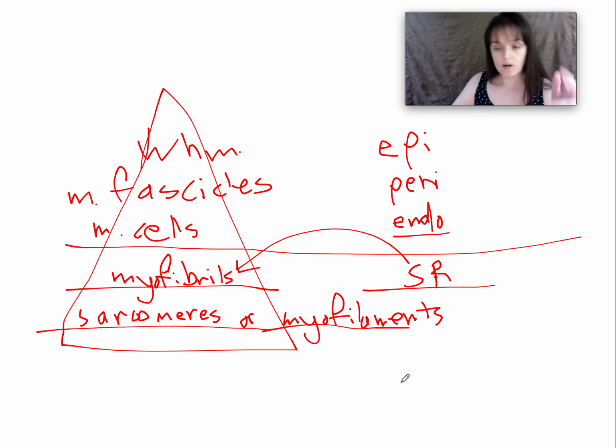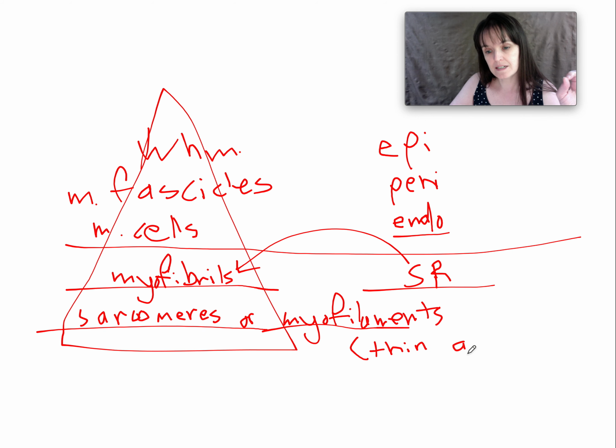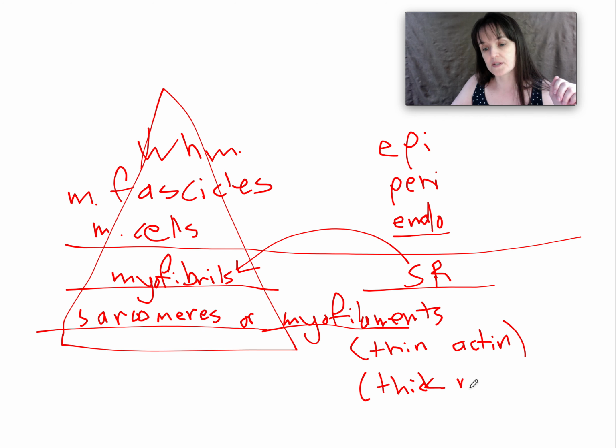As you may recall, the myofilaments and sarcomeres both are made of thin filaments, which are mostly actin, and thick filaments, which are myosin, except for the central core of titin, but we'll get there.